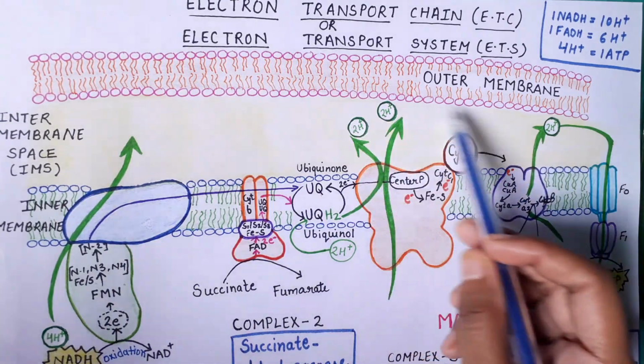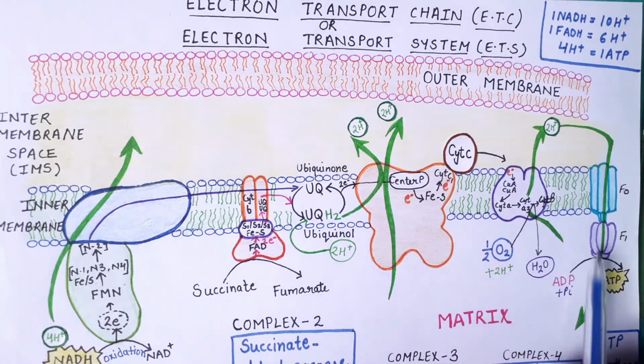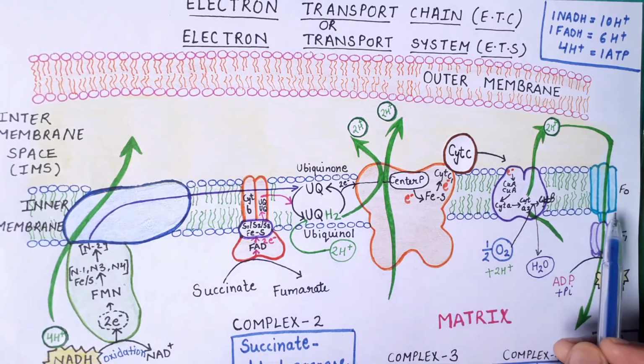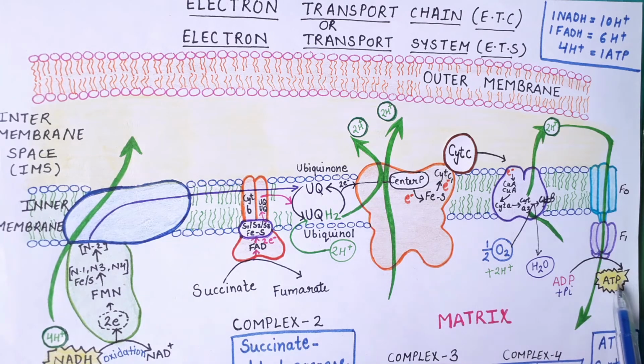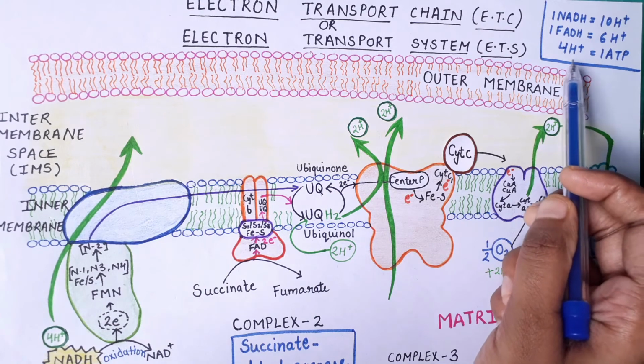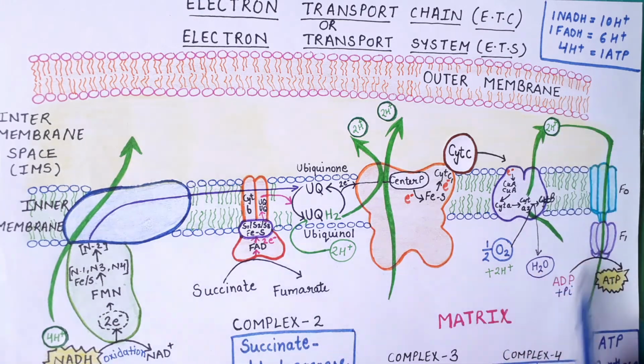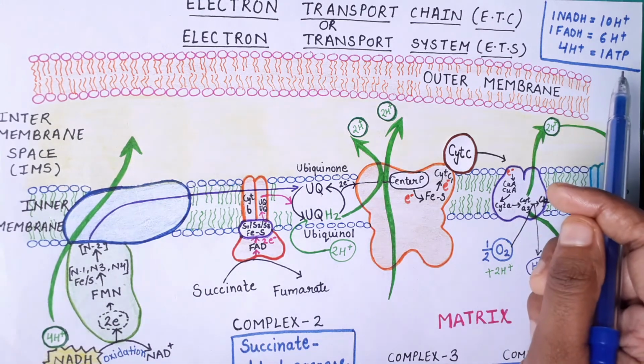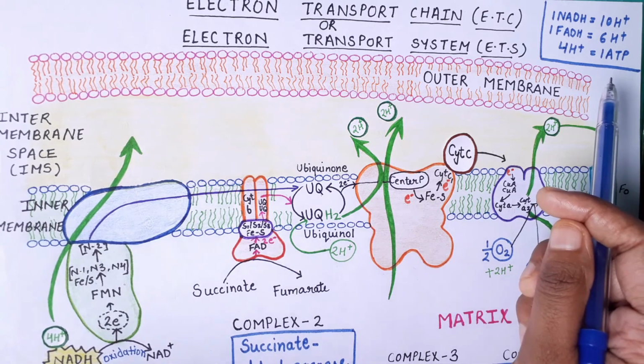Then these protons are pumped inside by the ATP synthase complex and in that process there will be formation of ATP. And as you all know, according to the recent concept, when 4 protons are pumped inside, there will be formation of 1 ATP.